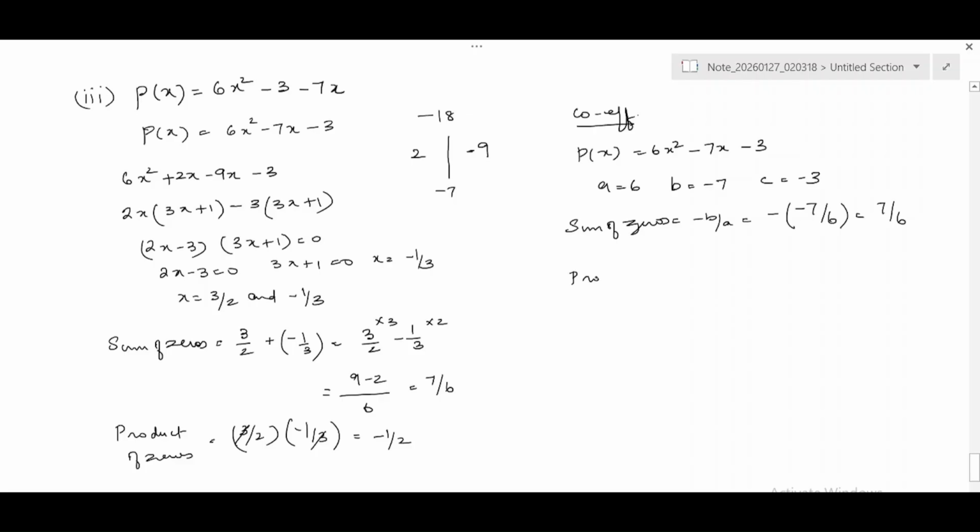Product of zeros is equal to c by a. C is minus 3 by 6, that is minus 1 by 2. Now the answers are same. So you can just box the answer alone.